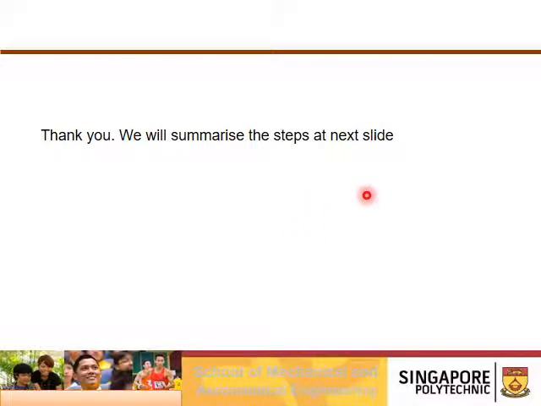Work it out without the reference. I mean, work through the example on a fresh page using the appendix to find the data, and if you are able to achieve that without any reference to working steps or videos, then you may want to work towards your tutorial and further enhance your appendix usage. All right, in the next slides or videos we will summarize the steps of this calculation needed.